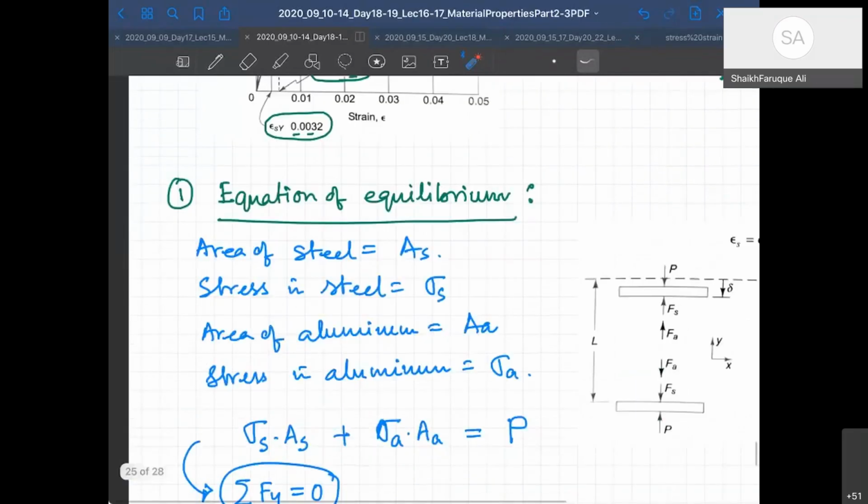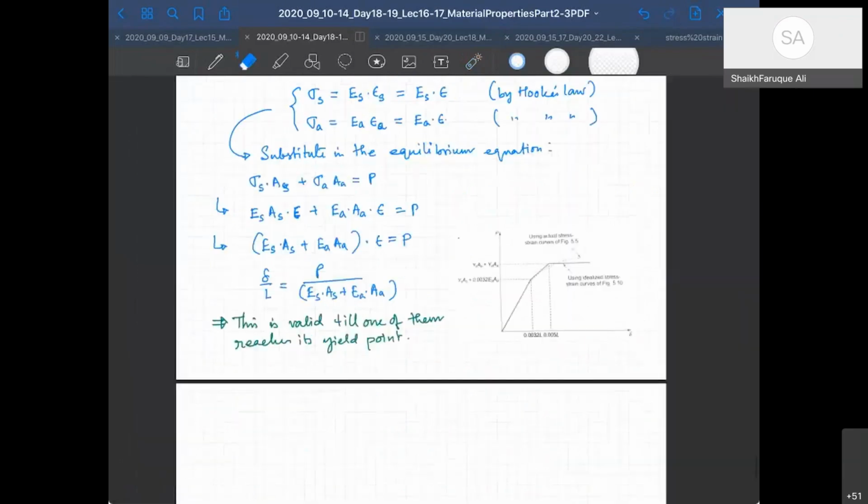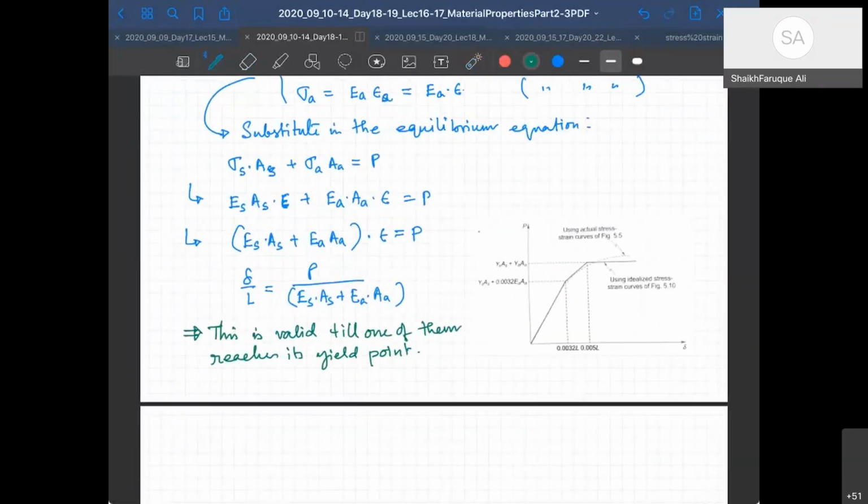So it will continue to take some load. So this is the zone where your strain is between 0 and 0.0032. The next zone will come when your strain will be between 0.0032 and the limit of the other member, which is 0.05.